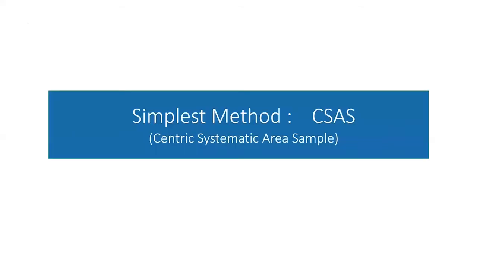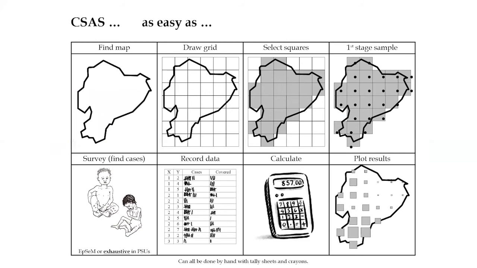Next slide, please. So the simplest method is a centric systematic area sample, and that's the most difficult thing to remember, that title. And here it is. It's as easy as find a map, draw a grid over that map, and each of those grid squares is now your mapping area or estimation area.